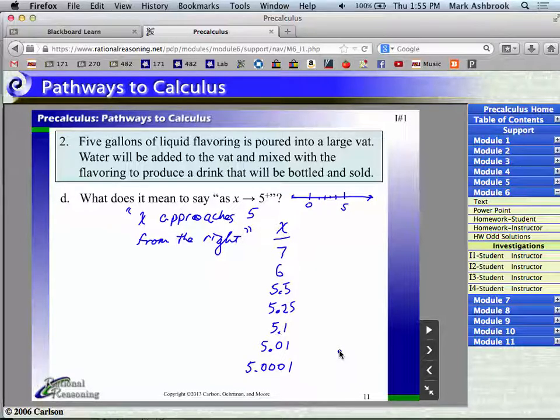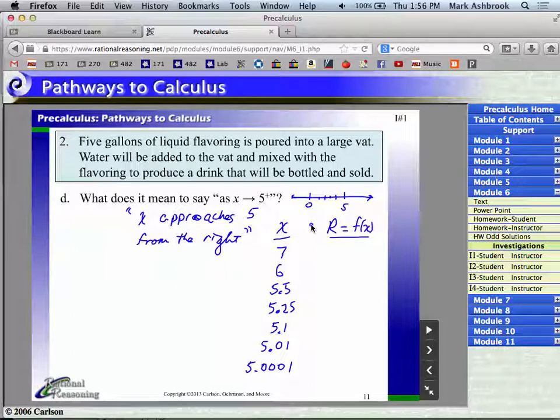Okay, so what we want to do is investigate our function, the ratio function, which was our f of x. As x approaches 5 from the right, what does this ratio do, or what do the outputs of the function do?